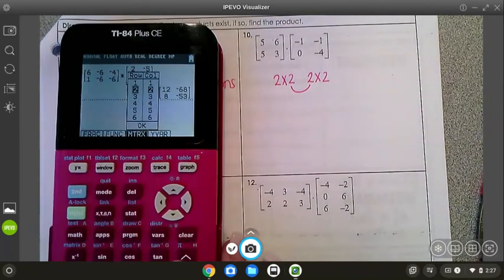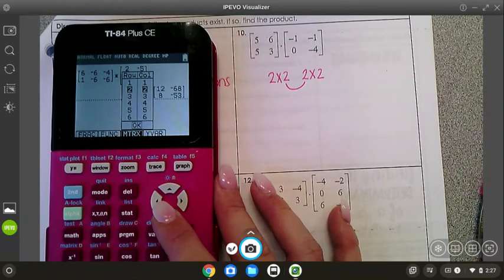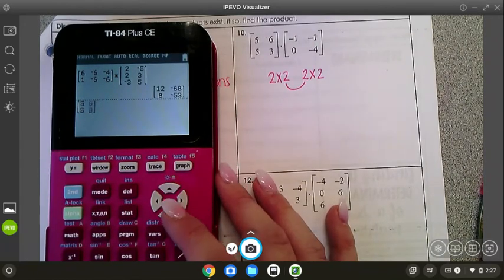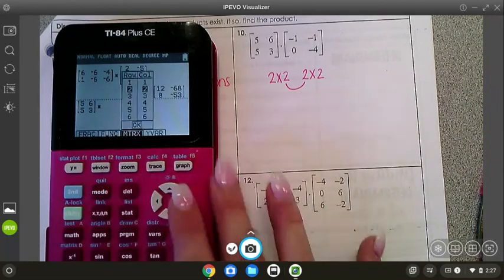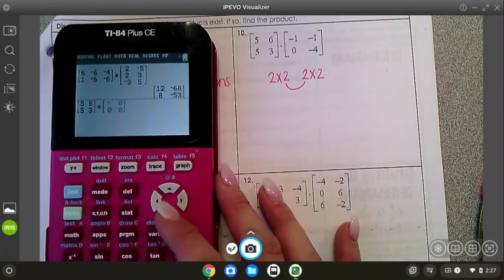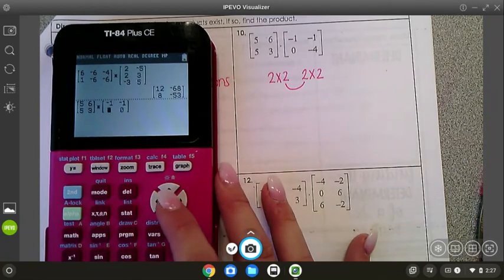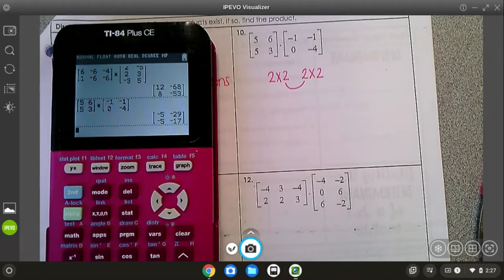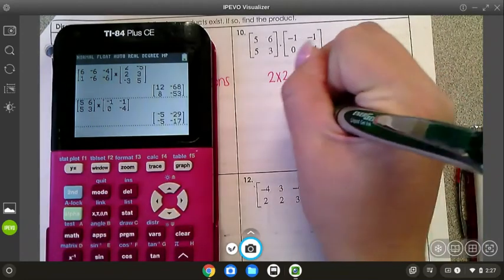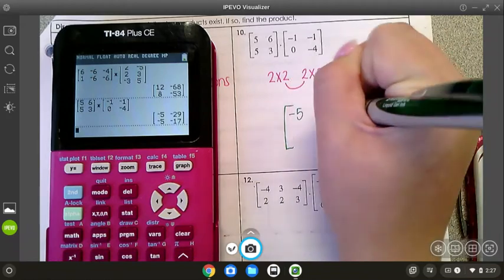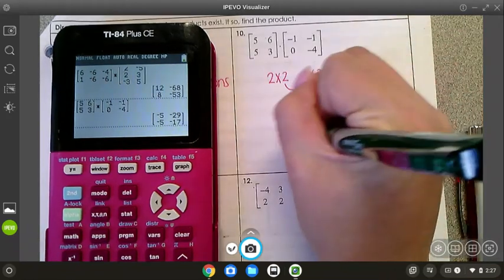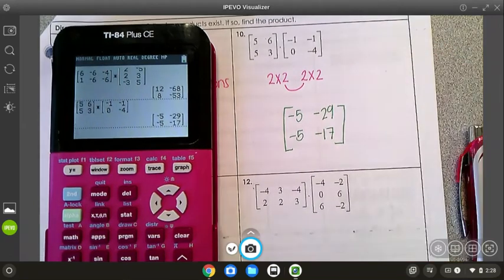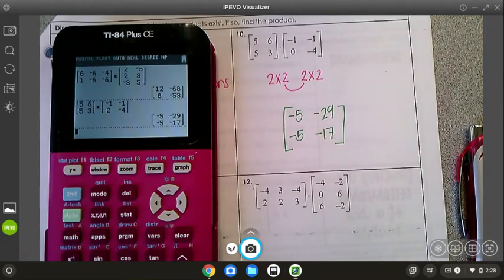Change my dimensions to 2 by 2. And you should have gotten -5, -29, -5, -17.